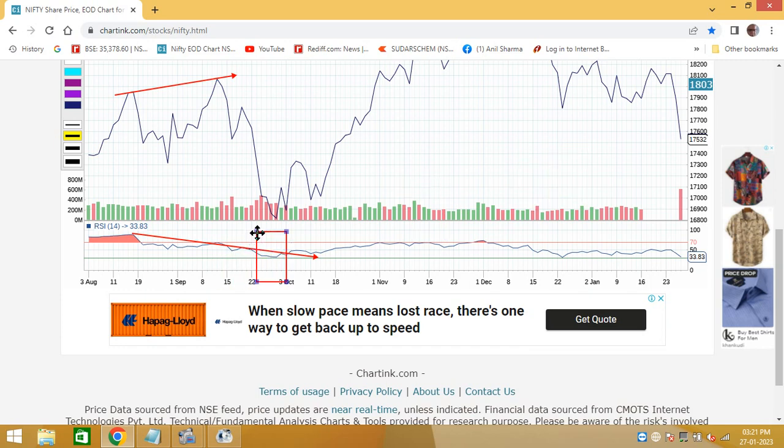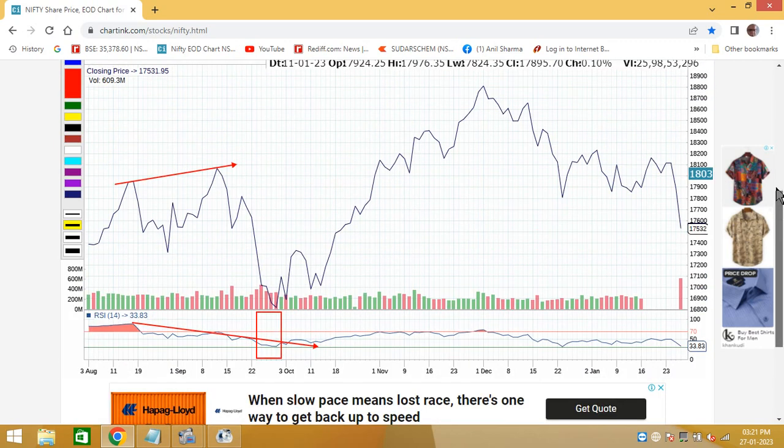Can you see, it has given a buy signal here at RSI 30. Now this is a forecast. At this point when it has touched 30, if the share is good and strong, the price of the share actually will go up.